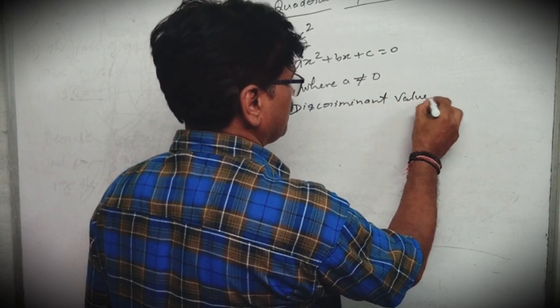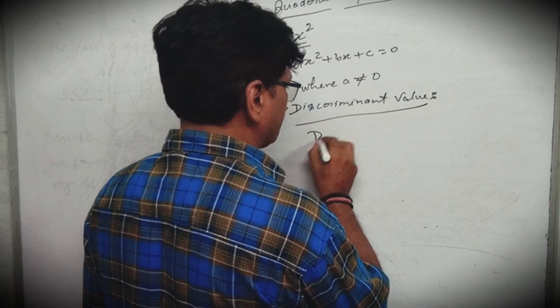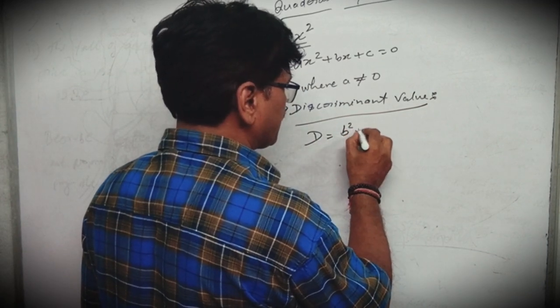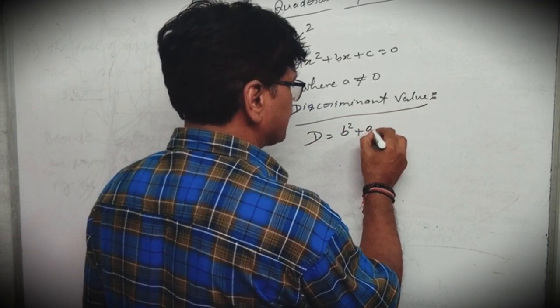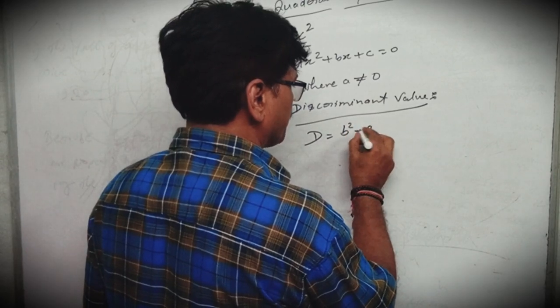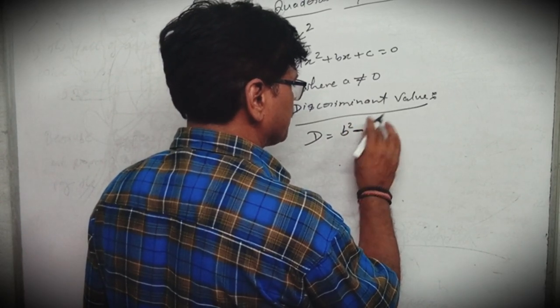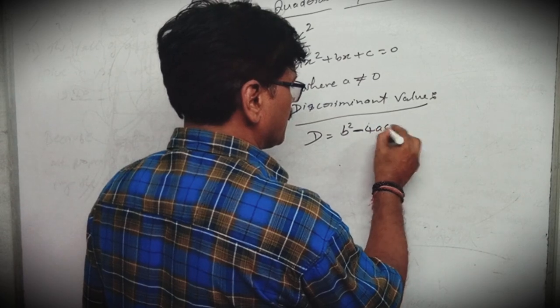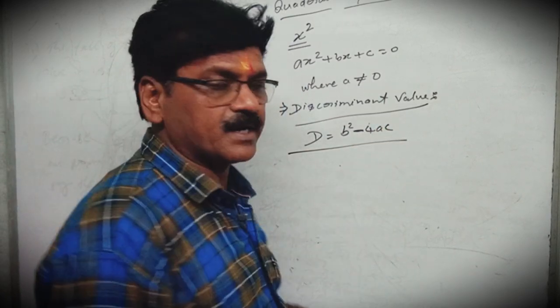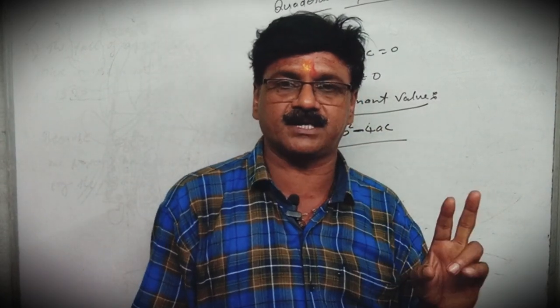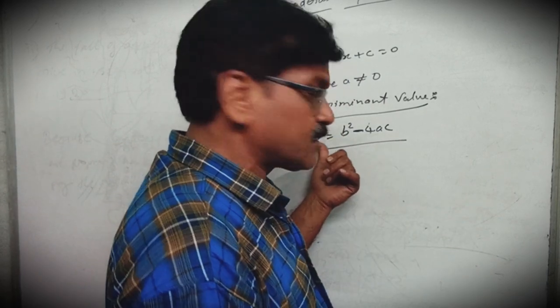What is the discriminant value? It is represented by capital D, and D is equal to b square minus 4ac. So these two roots of the quadratic equation depend upon D.